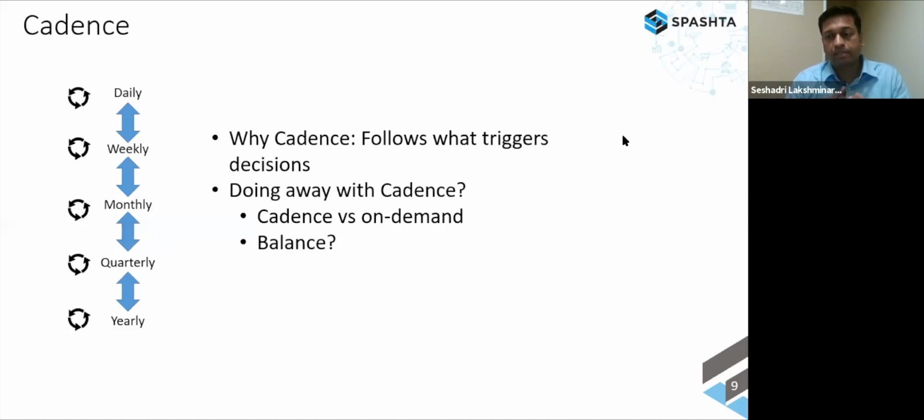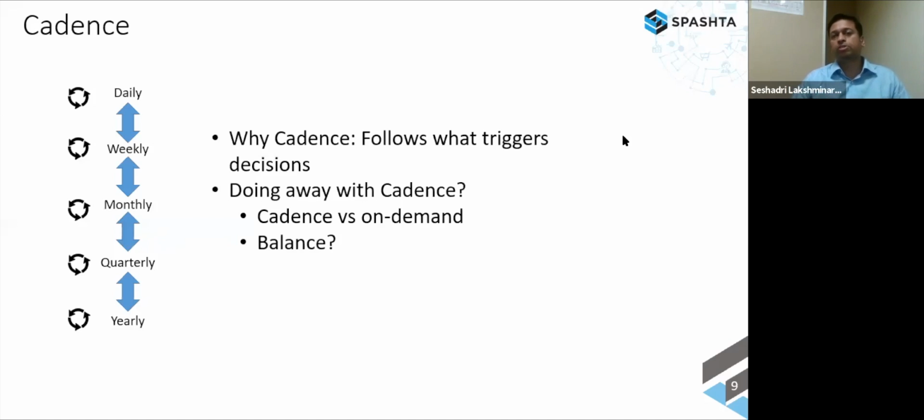And the most tempting thing to do is just throw away the cadence. Anyway, I'm so dynamic. Why should I bother about cadence? But I have seen companies where this has happened, and they basically firefight on an as-needed basis, and it doesn't work. Cadence gives you that platform because there are many things that still happen in the cadence.